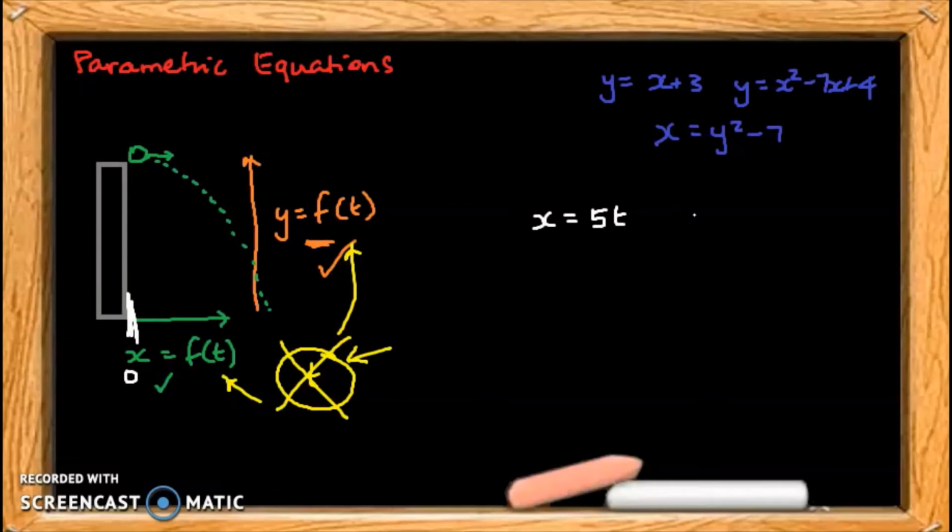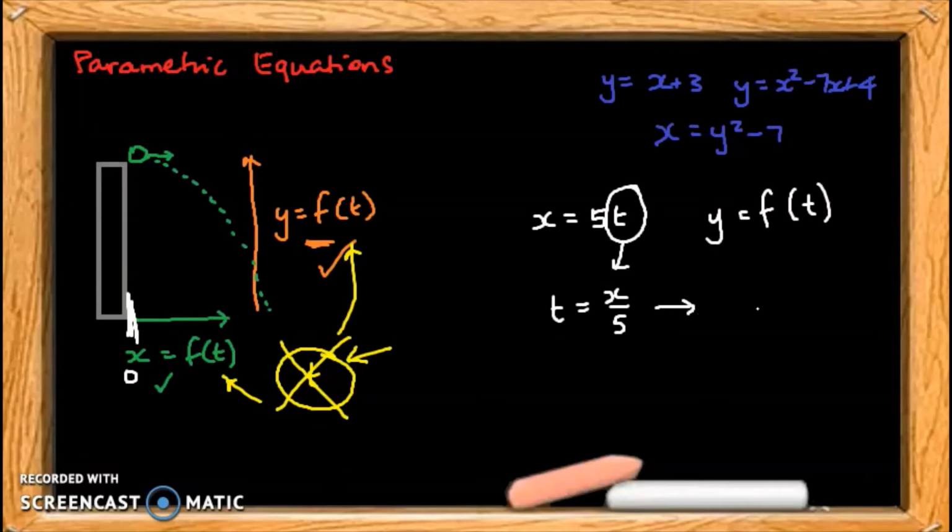We might also be aware that as the ball moves, it accelerates at a certain rate towards the ground. So there'll be some function of time. Now, whatever this equation is, we can look at my t and make a substitution. For example, here, t would be x over 5.